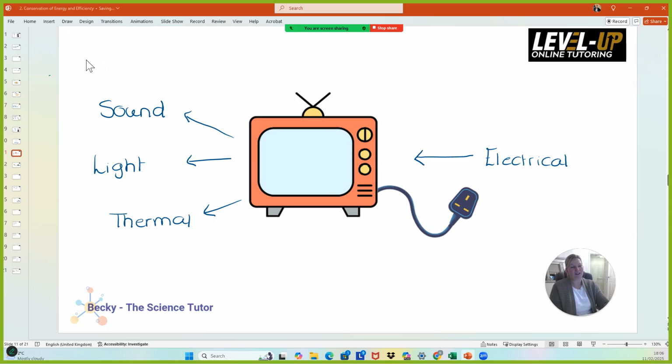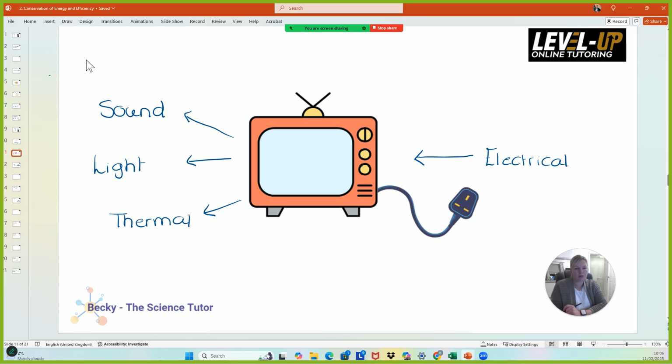Okay, next little challenge then. So sticking with our television, I want you to now identify which are the useful energies and which are wasted energies. So which are useful and which are wasted. So what do we need that device to do?